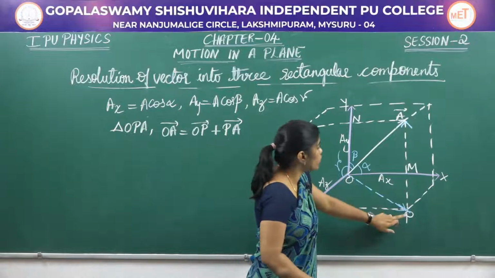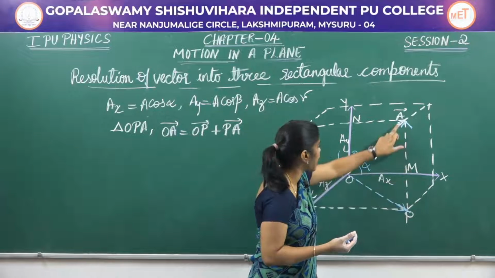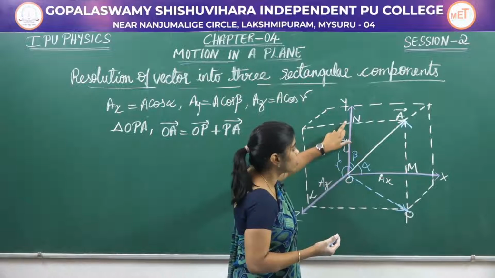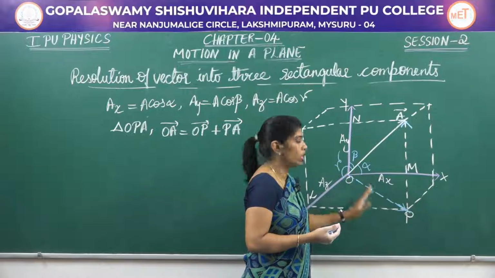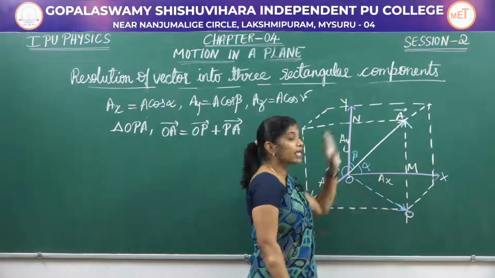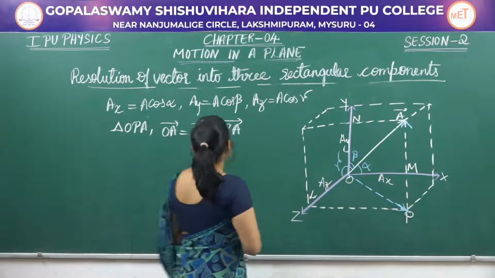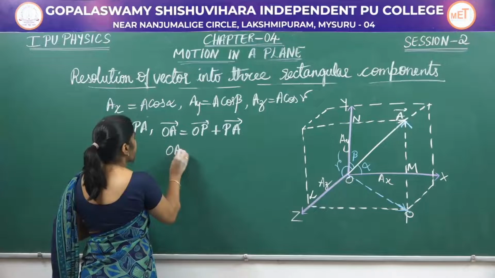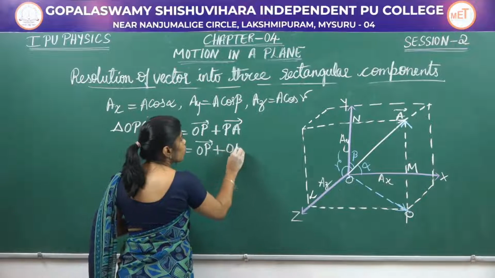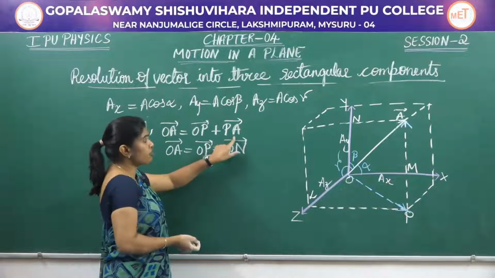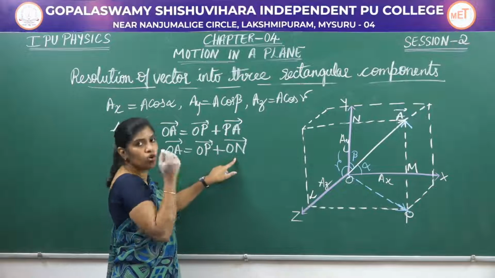Or I can also replace this PA by ON. They both are opposite sides, and therefore they will be equal. PA can be written as ON. Let me write OA is equal to OP plus ON, because I have just replaced PA by ON.